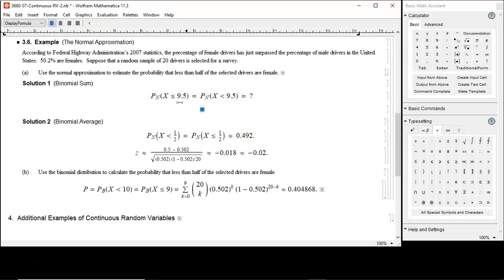So, all right, let's calculate the z-score this time. X minus mu over sigma, right?